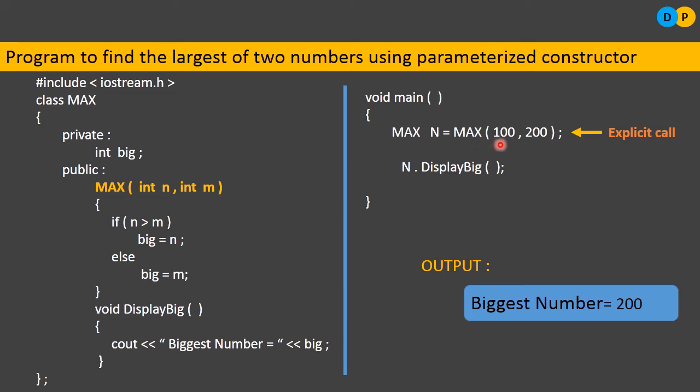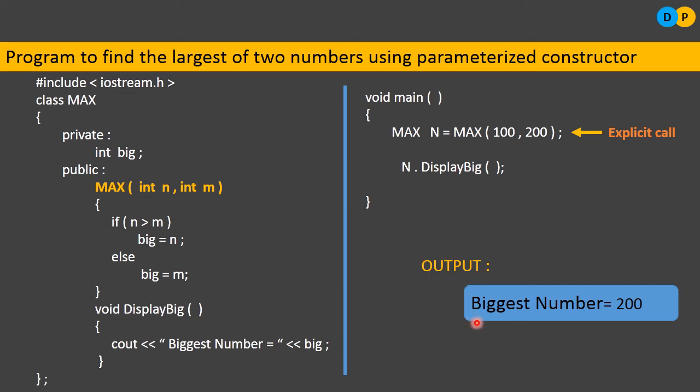Here the value 100 will be copied by the parameter n, and 200 will be copied by the argument m. Later the function will perform its work. Later on we will be calling the display big member function using the object, n dot display big, using which we will be displaying the answer, the biggest number.